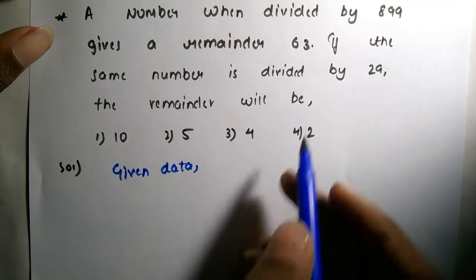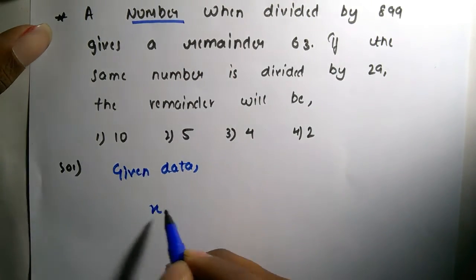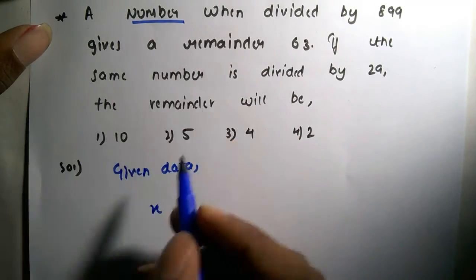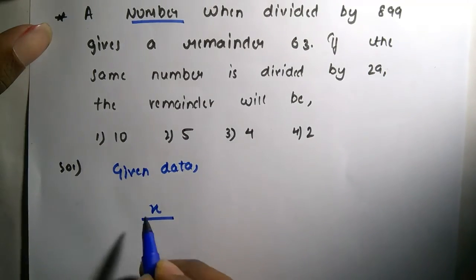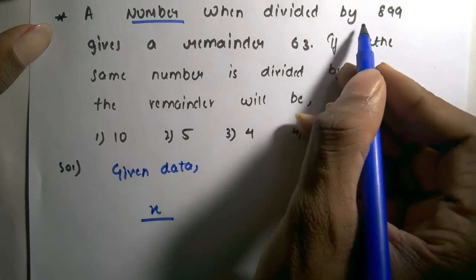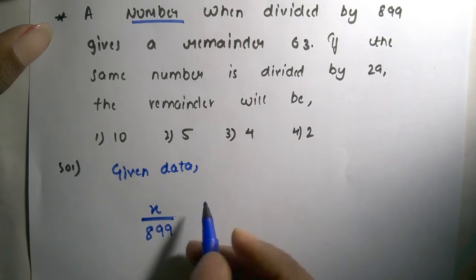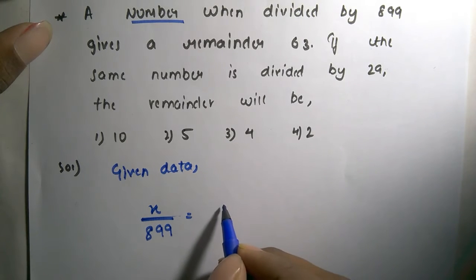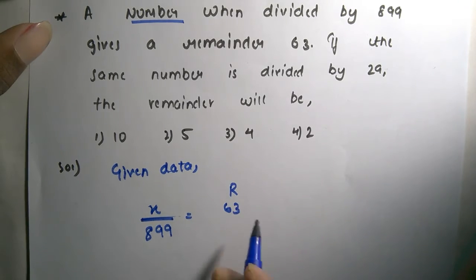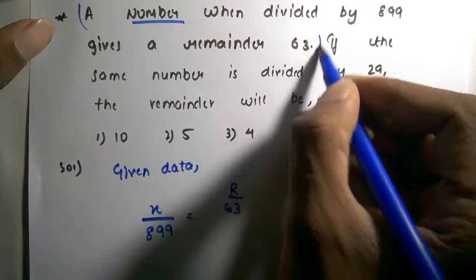A particular number is divided by 899, so let us call this number x. When x is divided by 899, it gives the remainder 63. This is the first condition.